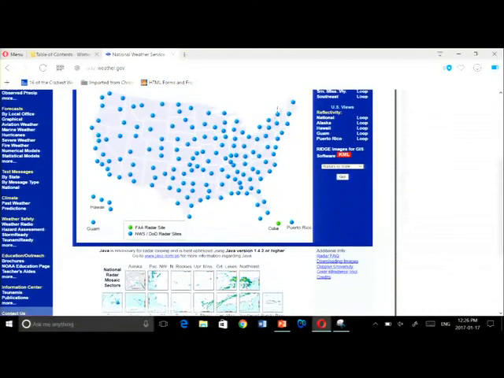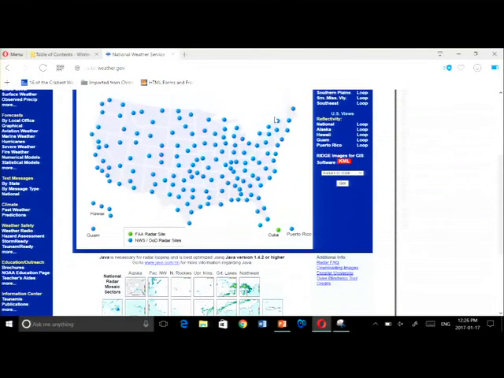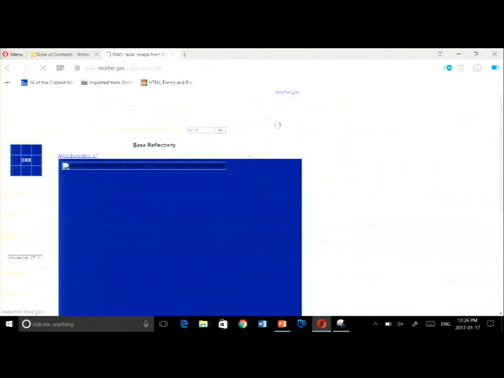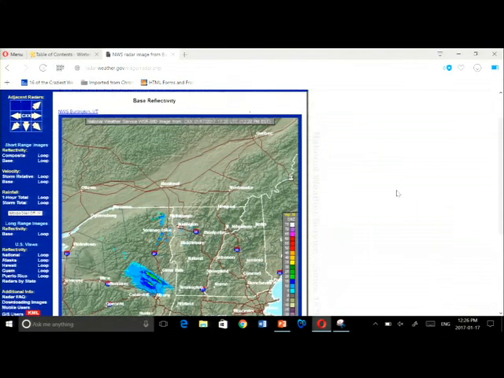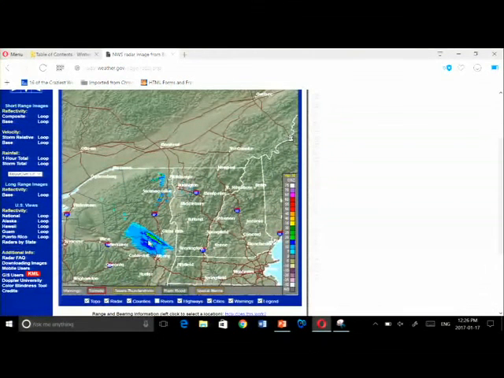It turns out the Burlington radar does a pretty good job of capturing what's going on in Montreal. You can see some precipitation starting to show up on the Burlington radar, and this is going to be moving northward as the day progresses.